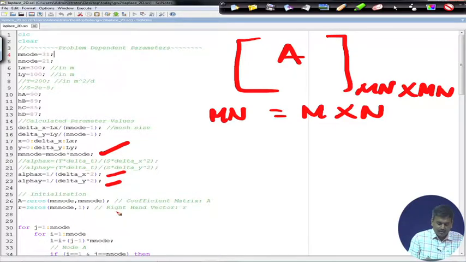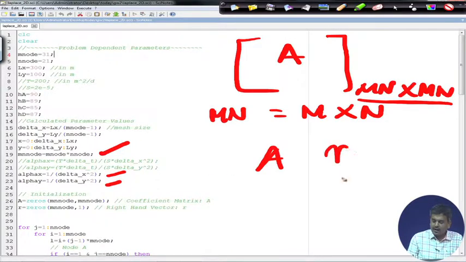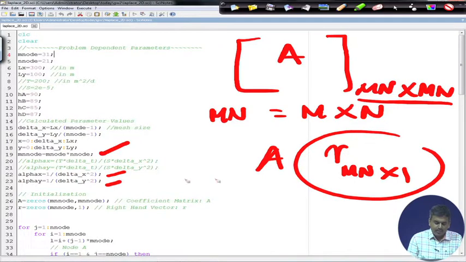Initialization of the matrix: A is zeros of mn node into mn node, and R will be mn cross 1. So, that is what I have initialized.